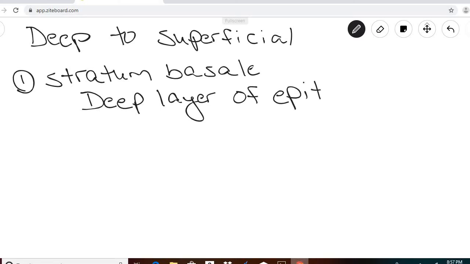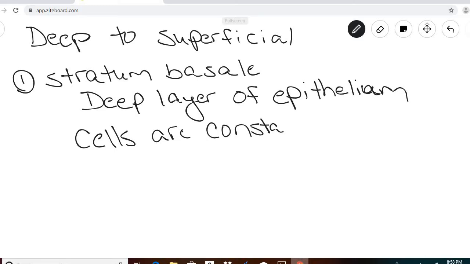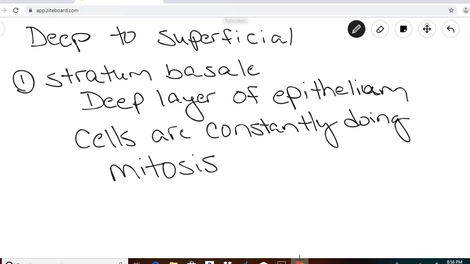And the most important thing to remember about the stratum basale is that in this layer, the cells are constantly doing mitosis. So they're constantly reproducing themselves, and as they reproduce, they get pushed up into the next layer.